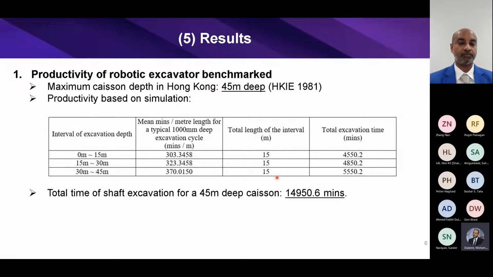As you can see, the deeper the excavation depth, the longer the excavation time. Certainly, it is true because it needs more time to transport the soil from the bottom to the ground. The total time of shaft excavation for a 45-meter deep caisson is 14,950 minutes, which is considered as the benchmark productivity.